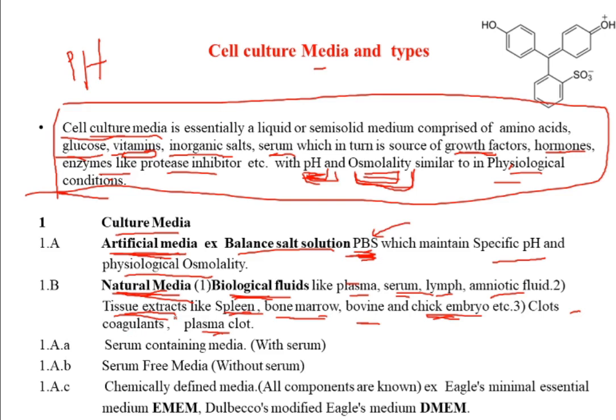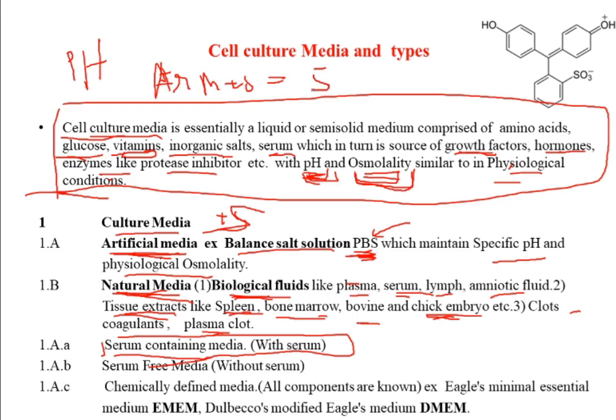Besides this, this is further differentiated into serum containing media. The artificial media plus serum is equal to serum containing media, which is having serum. And because the serum is there, the complete ingredient is not known. The serum containing media, the most important feature is it is unknown.